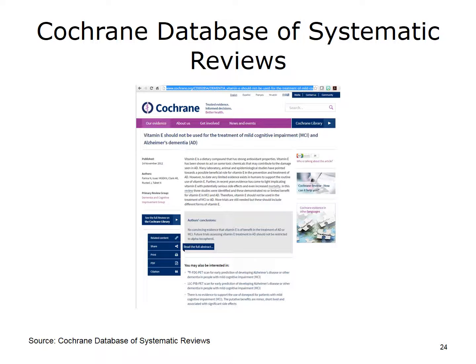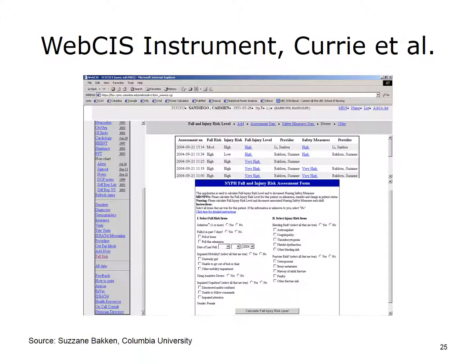Slide 24. This web page shows another source for clinical guidelines. There are many such sources available on the Internet and can be found through Google. One must, however, evaluate the quality of the work. Slide 25.